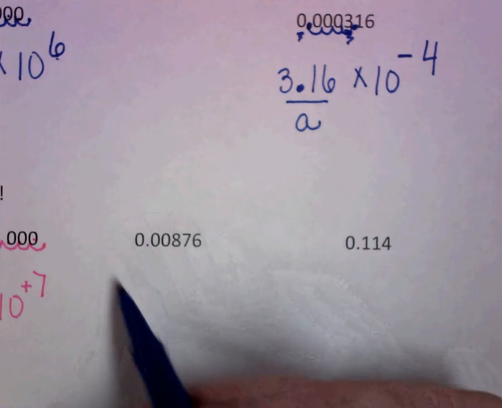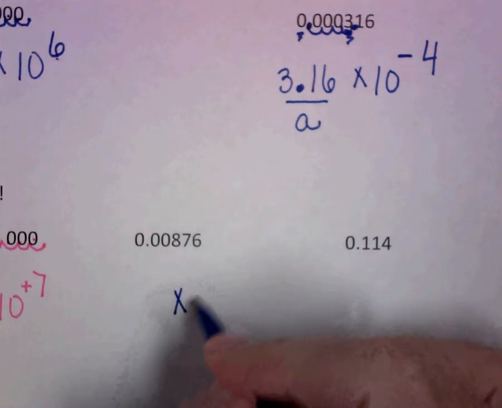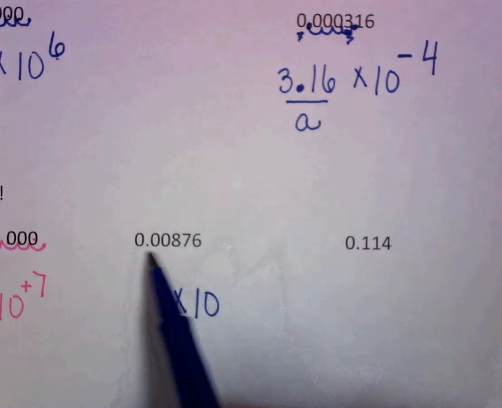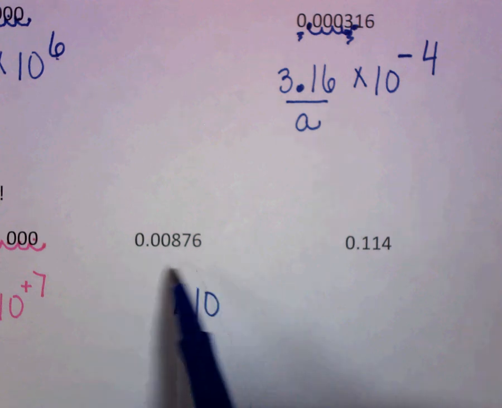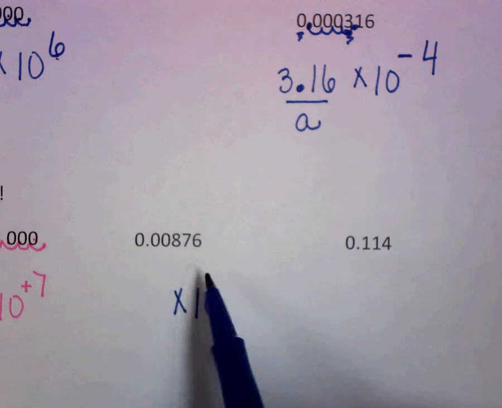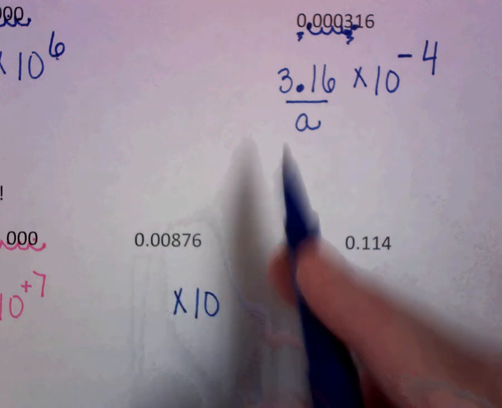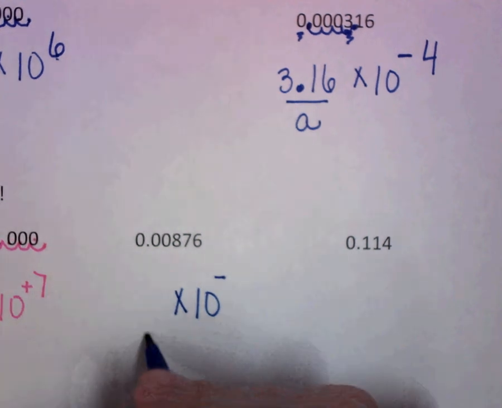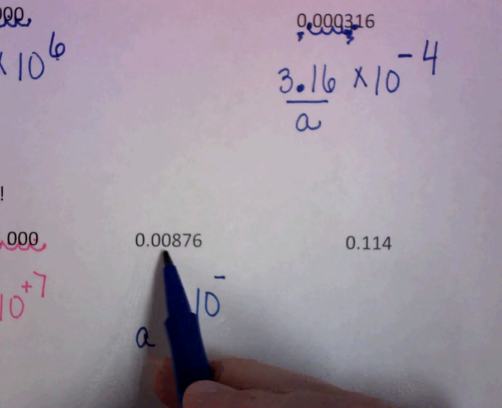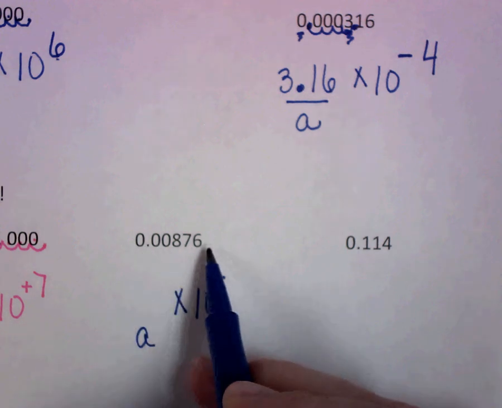Let's look at the next one. Always going to be times 10. Now let me ask you, is this going to be a positive exponent or a negative exponent? Remember, this is a decimal. There's no whole number out here, so it's going to be a negative exponent. Let's figure out our A value. Where do I need to move my decimal to?